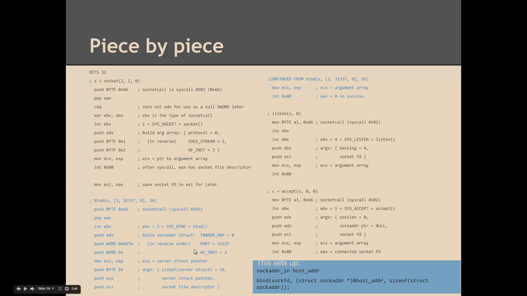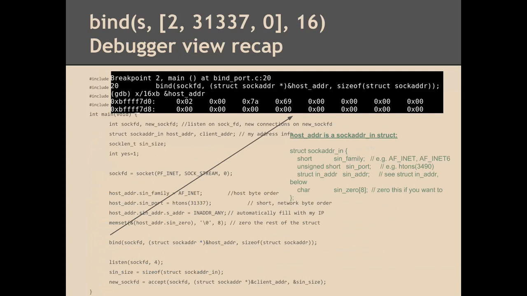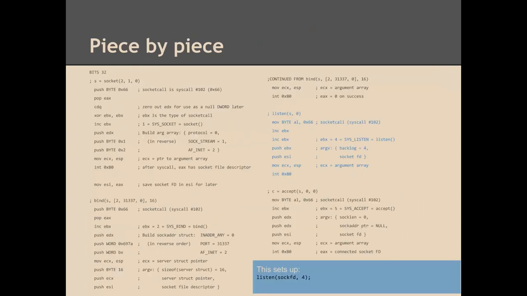And then this sets up the bind, the socket, to the established sockaddr struct that specifies the IP address, which was any IP address, the port, and then the internet family. And this shellcode simply sets up the socket call for listen.